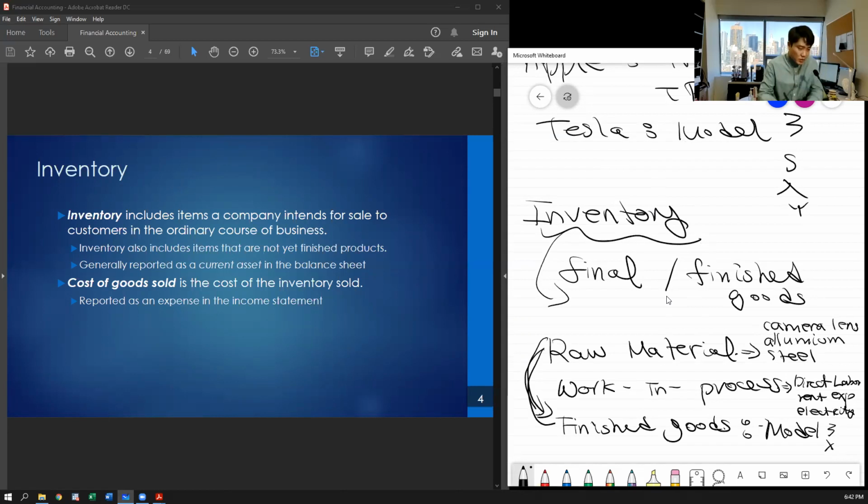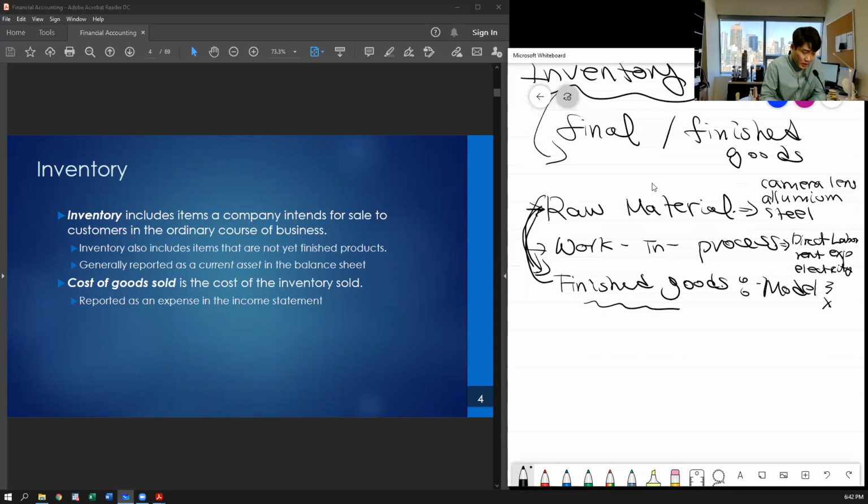Now for this course in particular, we are not going to be focusing on raw materials or work in process. We're just going to be focusing on finished goods and how that's computed as sales are made to a customer. I think most of you will be taking the next accounting class, managerial accounting.